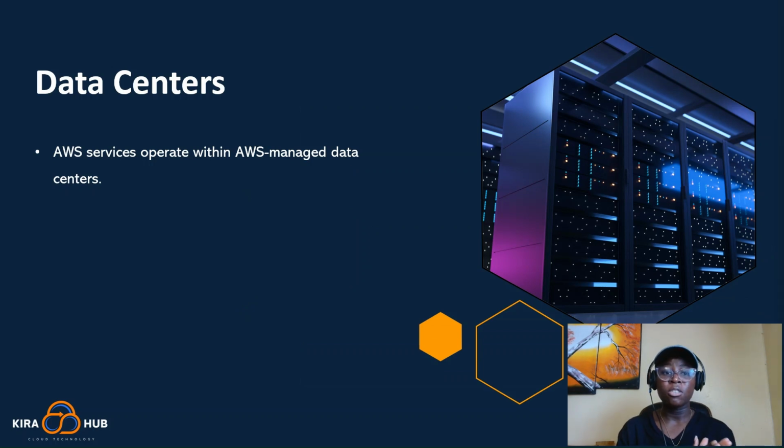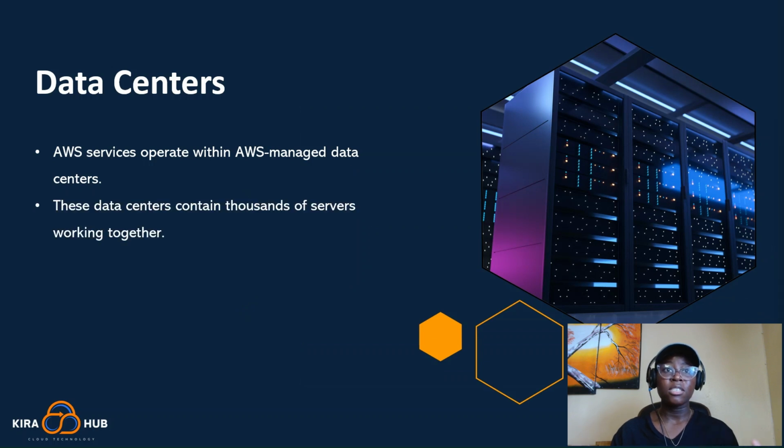AWS services operate within data centers. When we talk about cloud computing, remember, it's not that data centers are not there. They're there. It's just that it's not you who manages them, but AWS takes care of the managing aspect. These data centers contain thousands of servers. Actually, a data center is a building which consists of around 50K to 80K servers. These data centers in AWS are running in undisclosed areas for security purposes.